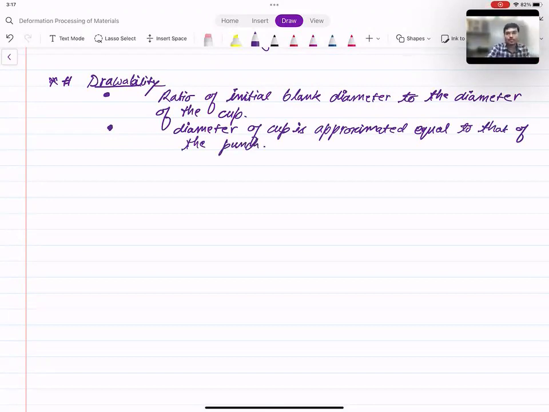So we have seen that blank diameter is represented as dB and punch diameter is represented as dP. So the drawability will be dB over dP.